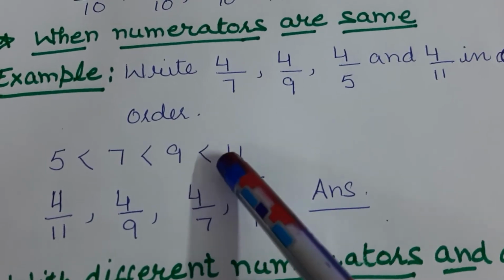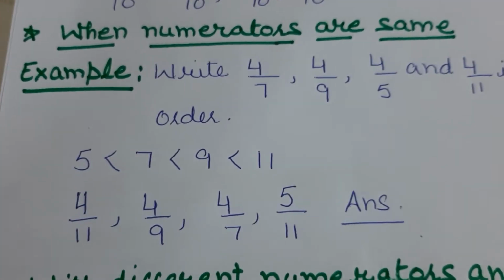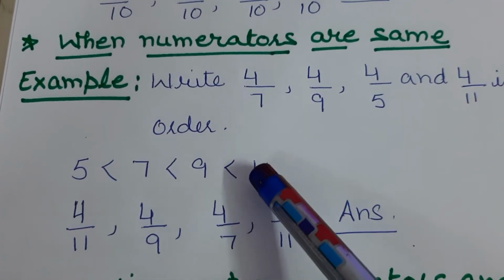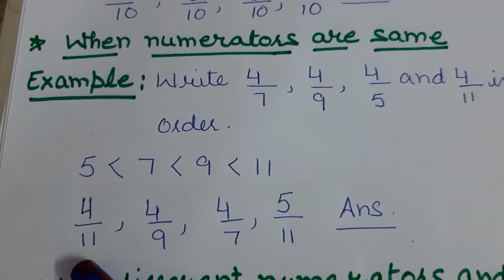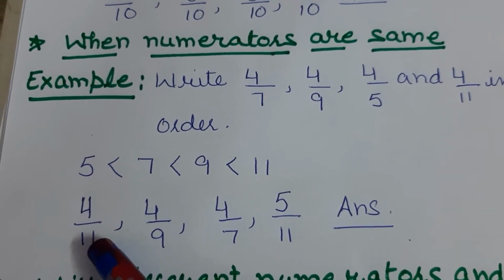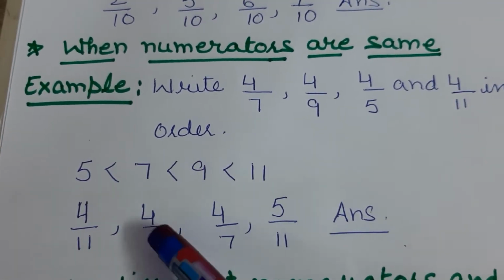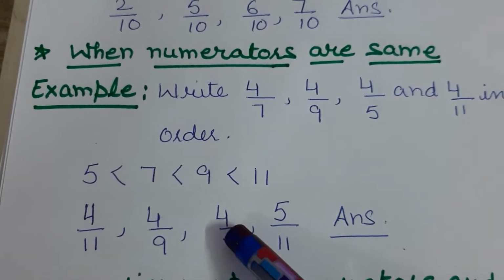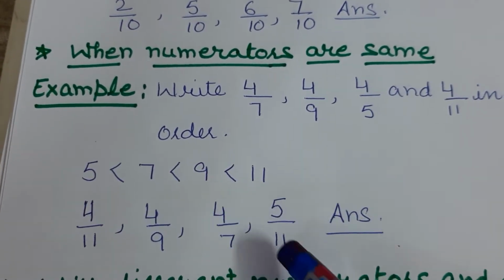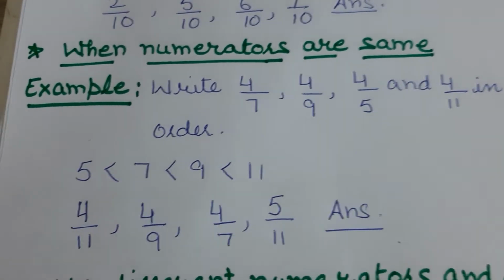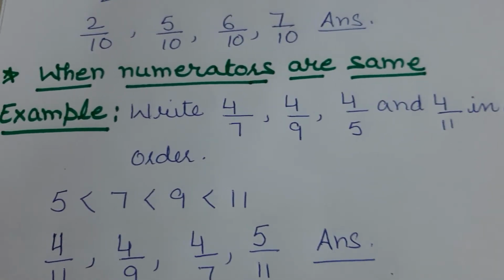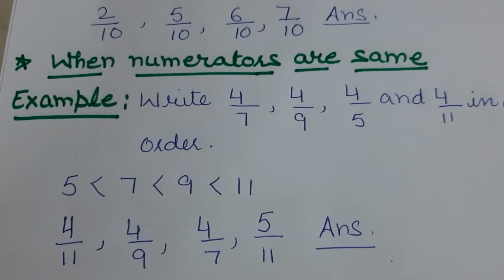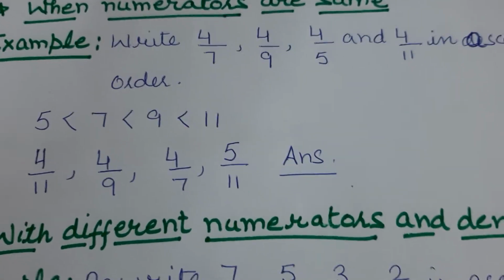So the sequence will be reversed. So 4 by 11 will be the smallest fraction. Next 4 by 9, next 4 by 7, and next 5 by 11 will be the greatest fraction. This is also just repetition of what you have done in your lower classes.